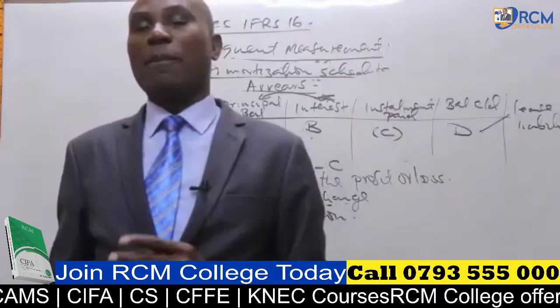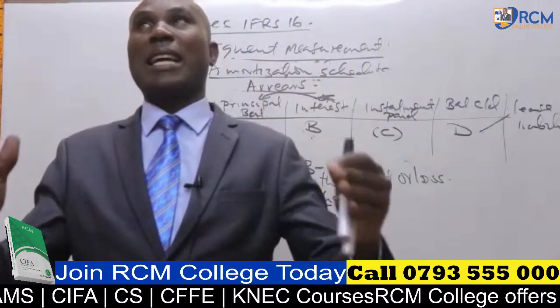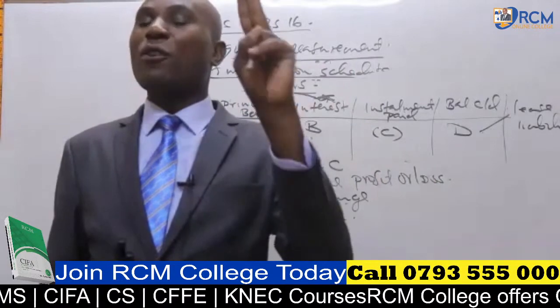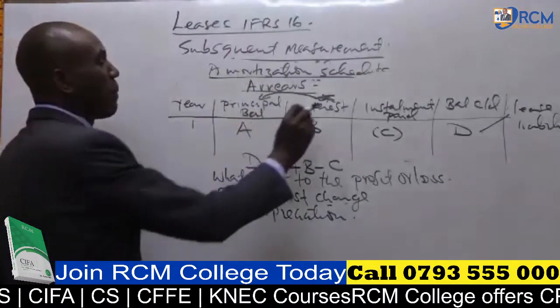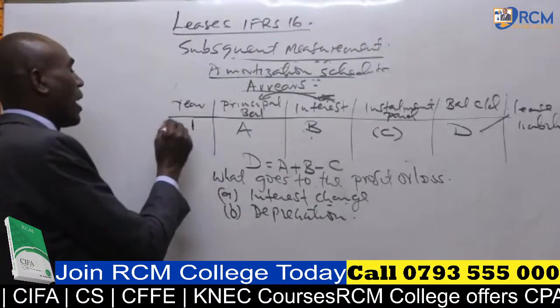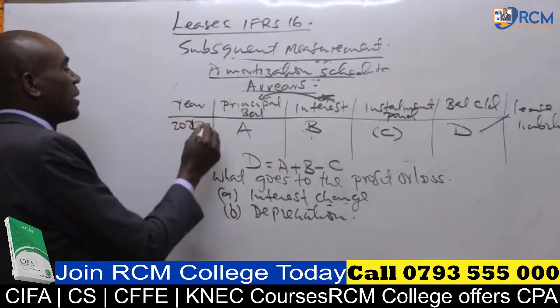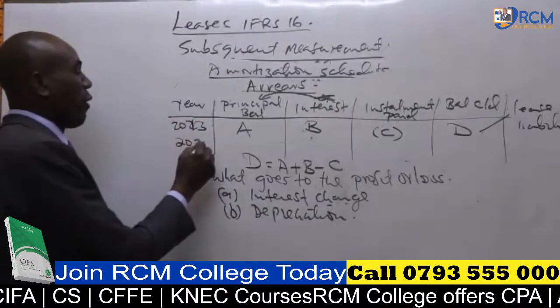That is only one year. But if payments are made in arrears, you are going to prepare for 2 years. In this case, our examiner wanted year one, 2023, but I will have to add an extra year, 2024.